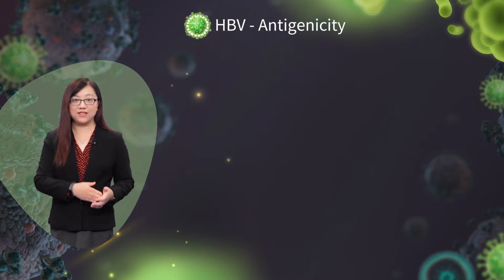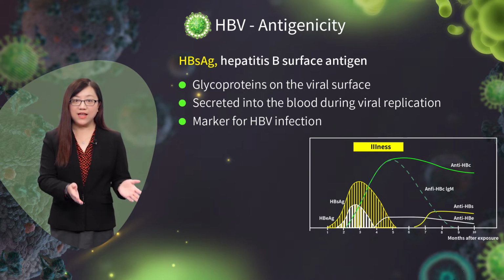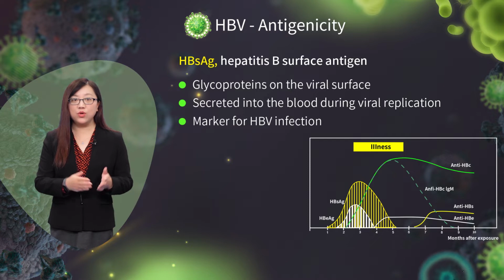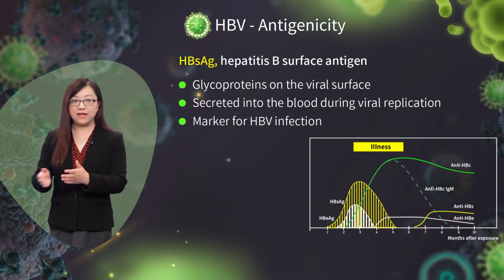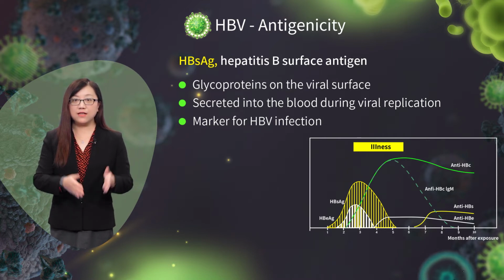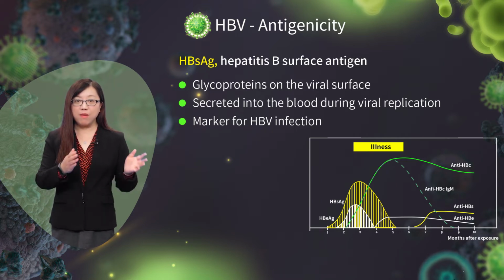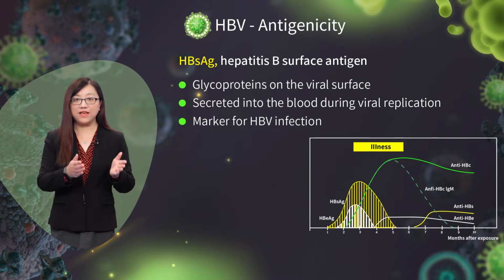HBV antigenicity. HBs antigen, originally termed the Australia antigen, includes 3 glycoproteins, L, M, and S. It is on the surface and secreted into the blood during viral replication. It is a marker for HBV infection.